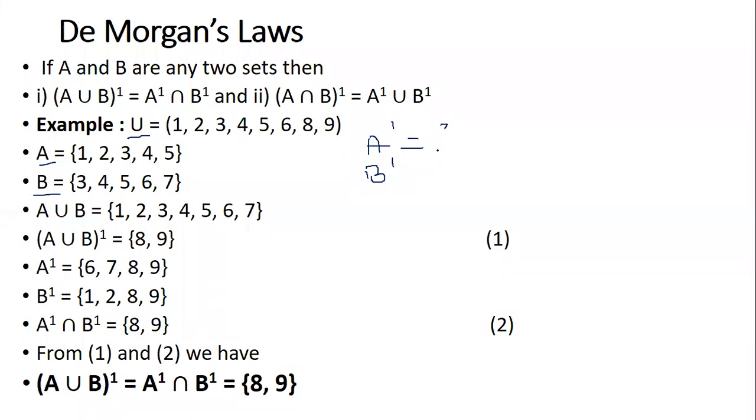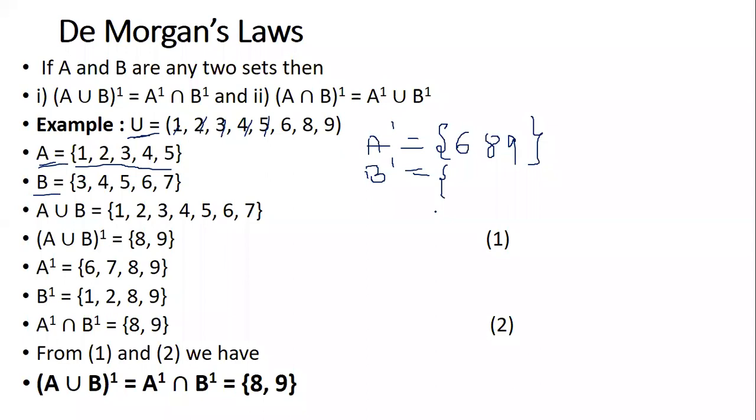Can you say what I should write in A complement? A complement means whatever elements are not there in A. So compare A and the universal set. 1, 2, 3, 4, 5 is already there in A. So what is left out? 6, 8, and 9.